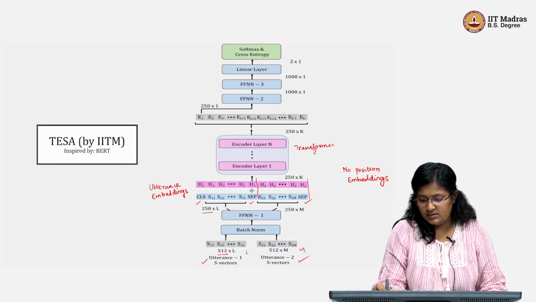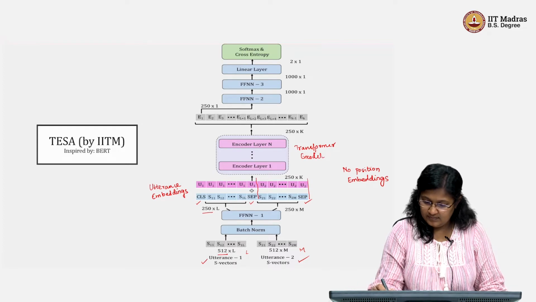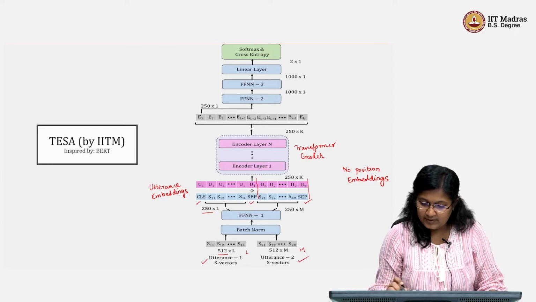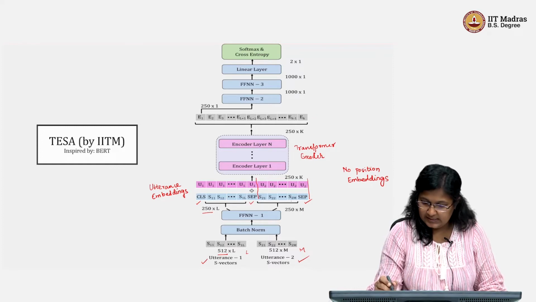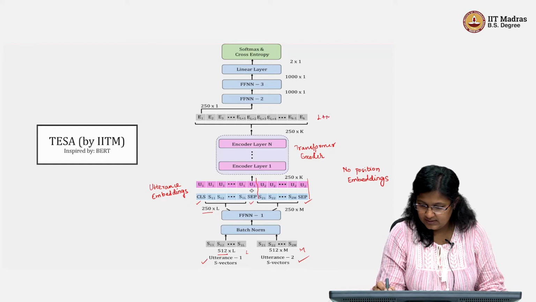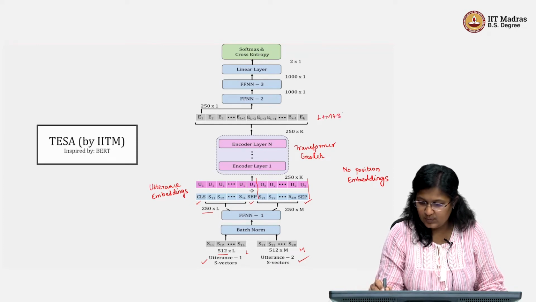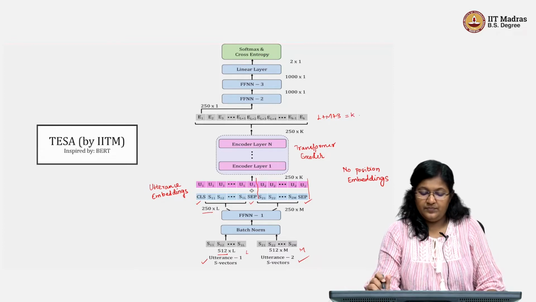Transformer encoder layers, fine. So at the end you will get k elements, right. L plus M plus 3, that is what you will get, where 3 is 1 CLS and 2 separator tokens, that is your k, okay.